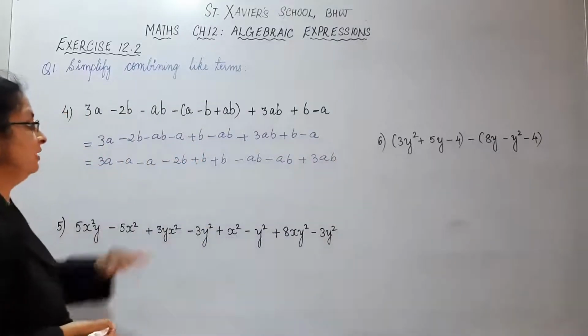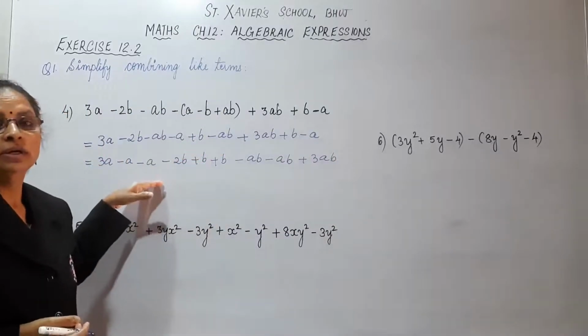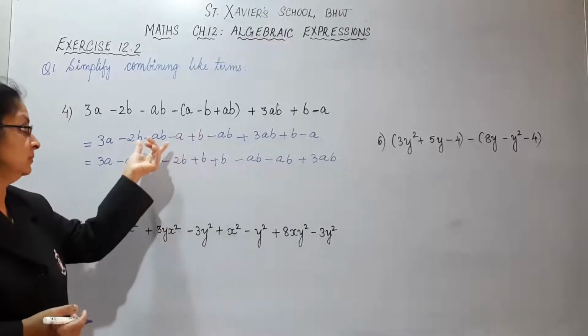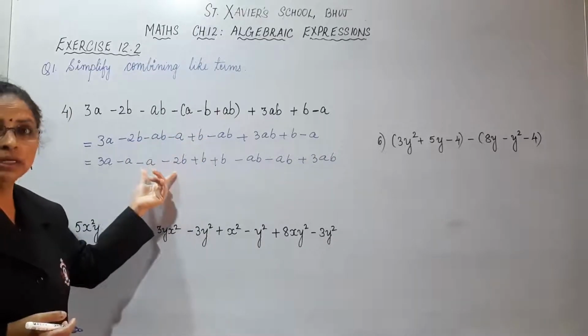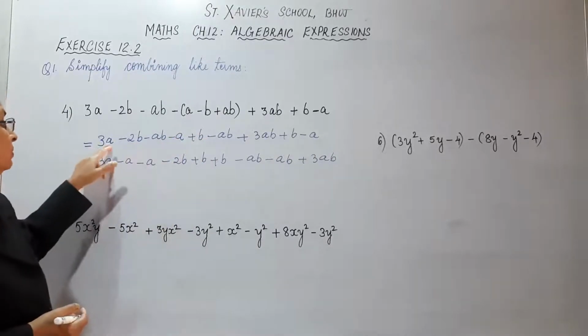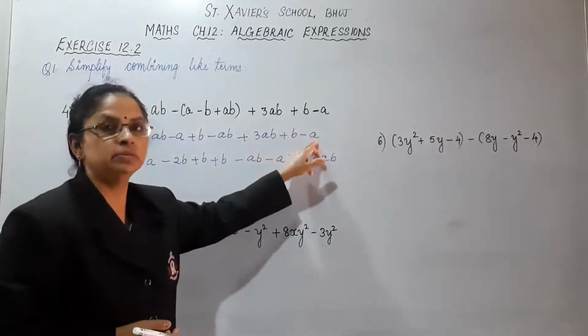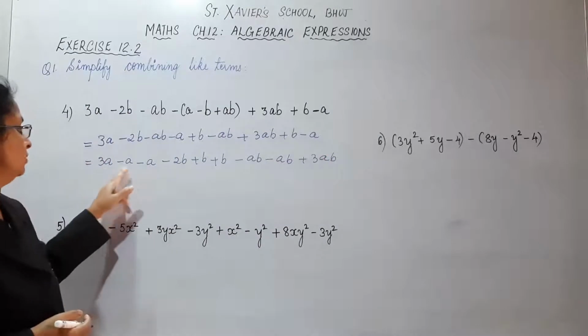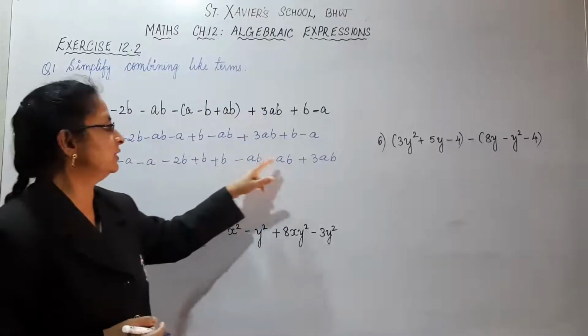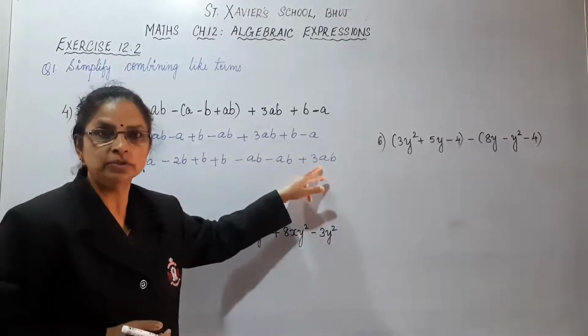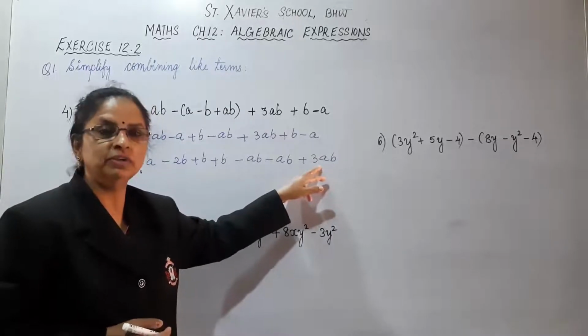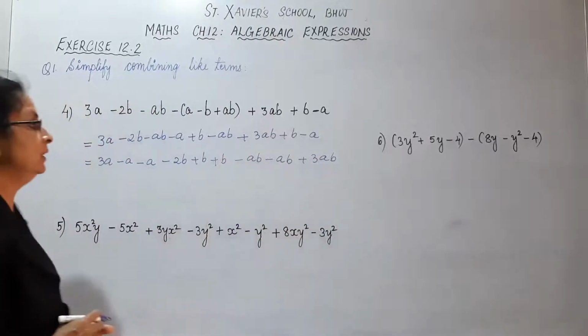After writing it, while rearranging, check whether you have taken all the terms. Let us count the terms. 1, 2, 3, 4, 5, 6, 7, 8, 9 terms are here. We got all the terms. That way you can confirm whether you have picked up all the terms.